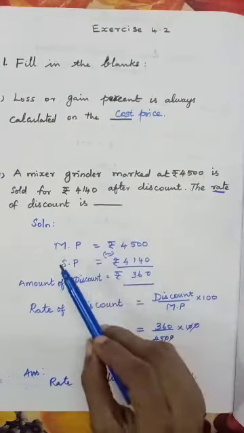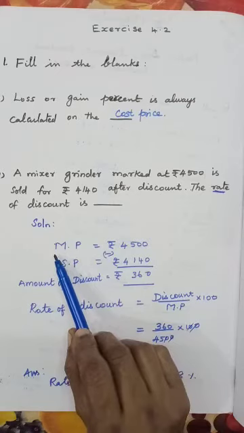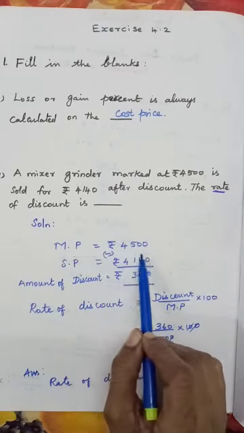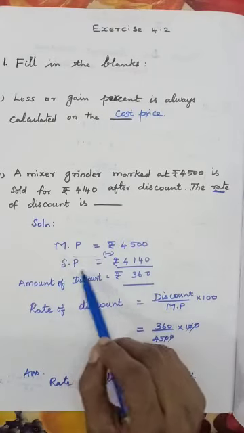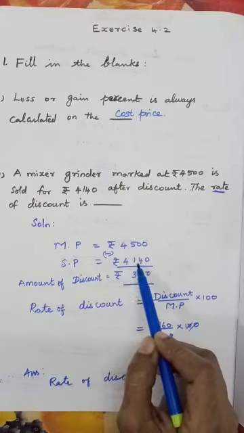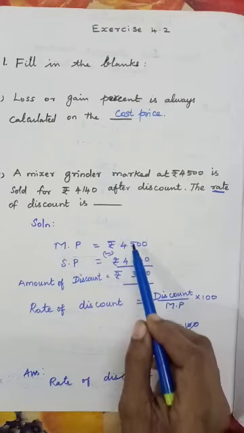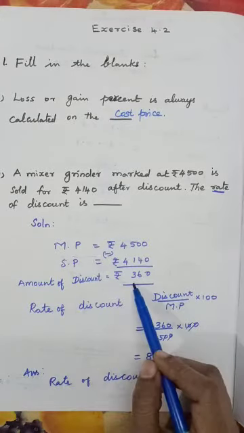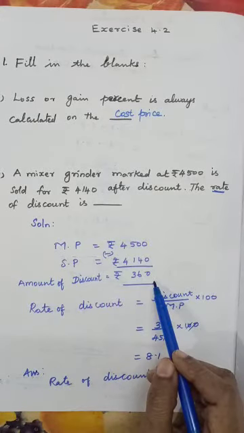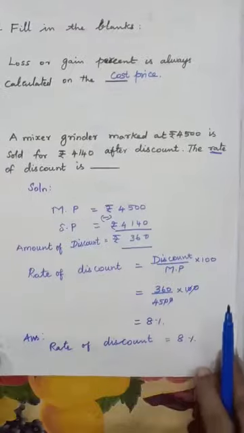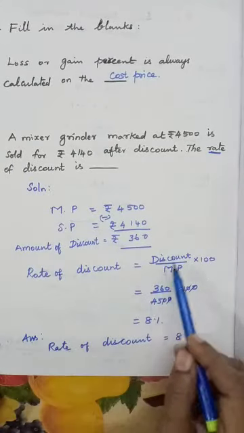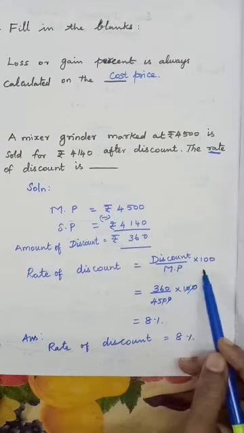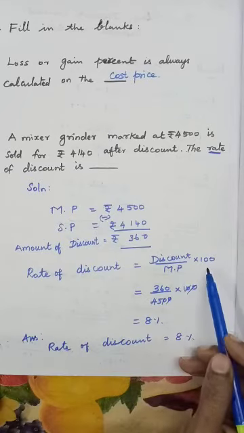First they are given the marked price as rupees 4,500 and SP is equal to 4,140. So you subtract these two, then we will get the amount of discount, that is 360. Now rate of discount is equal to discount by MP into 100.